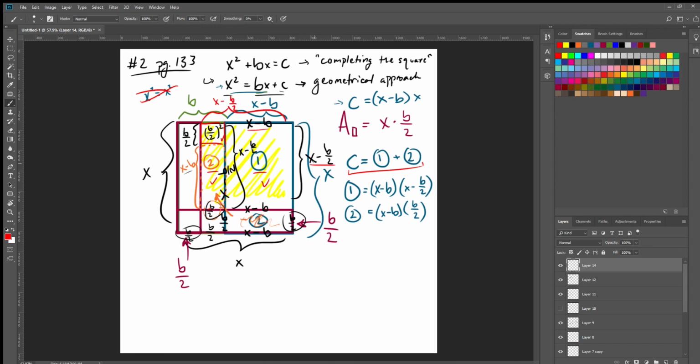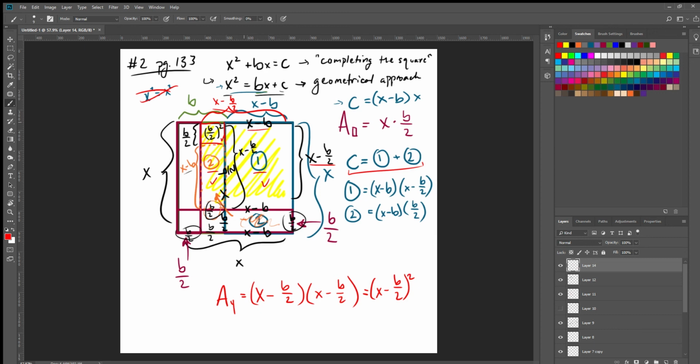Okay, so we have x minus b over 2 here and x minus b over 2 here, which means that the area of the yellow is just a square of dimensions x minus b over 2 times x minus b over 2, which we can write as x minus b over 2 squared.